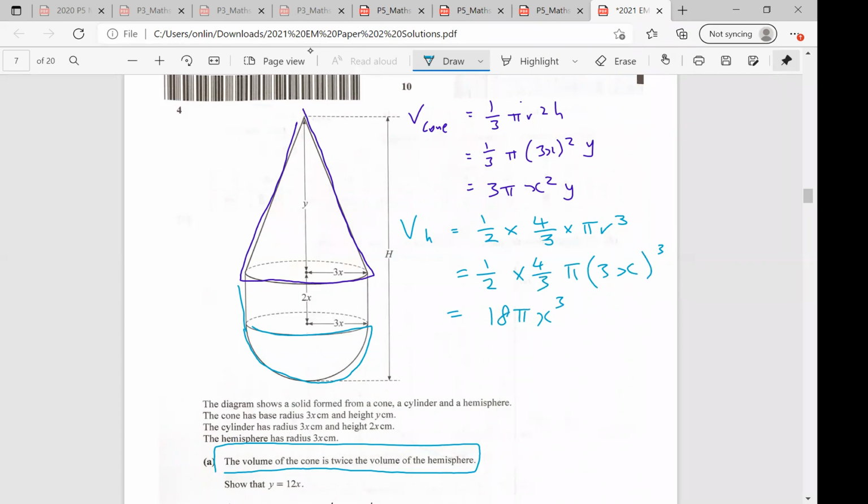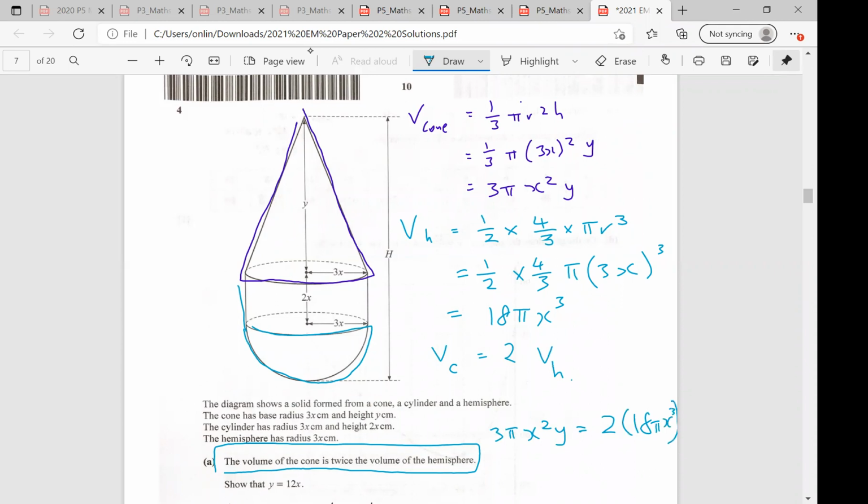So the question here wants us to prove that my cone is equal to 2 hemispheres, correct? So I will need to write down that 3 pi x square y is equal to 2 times 18 pi x to the power 3.